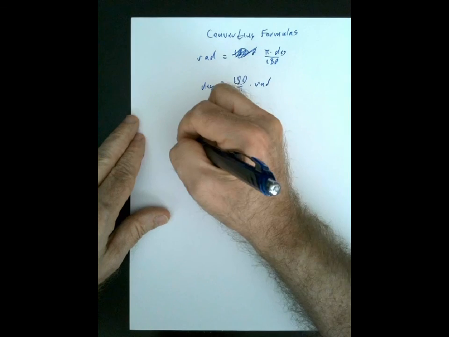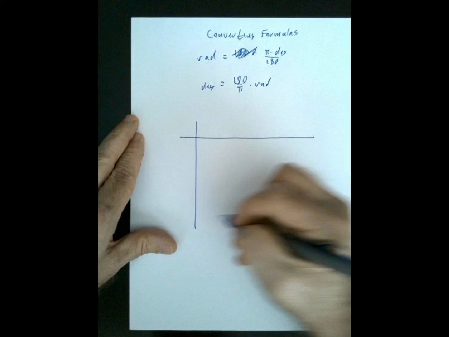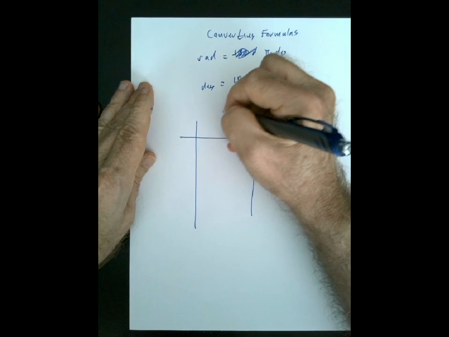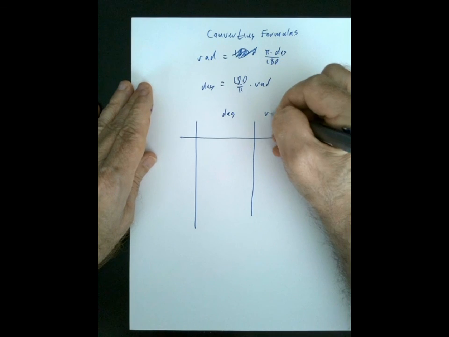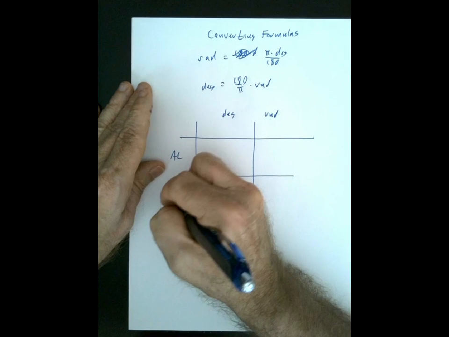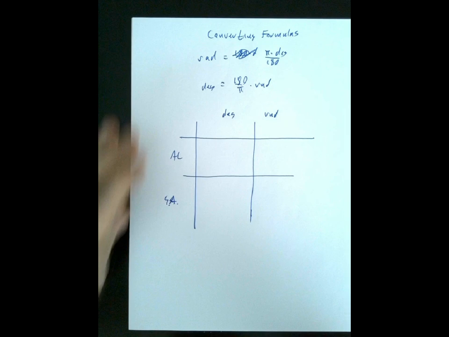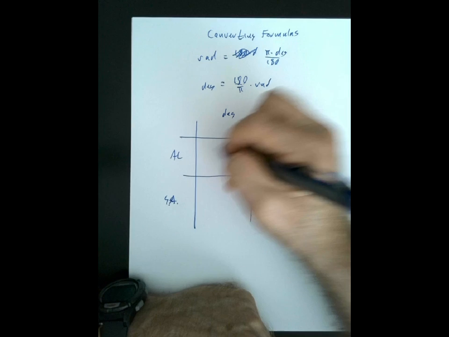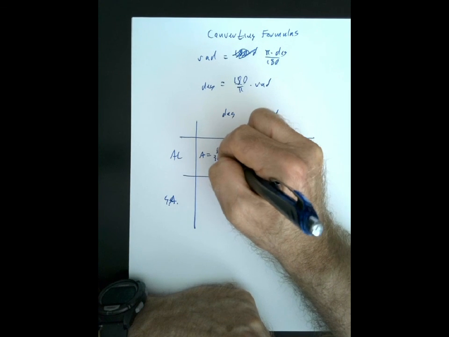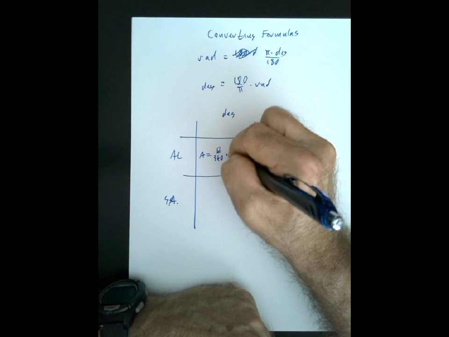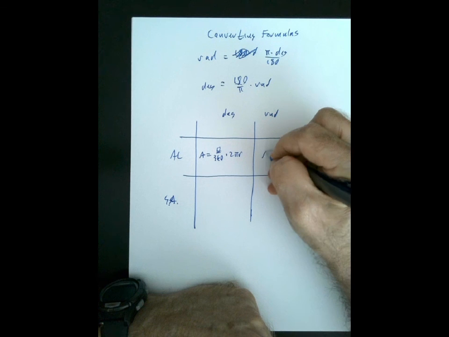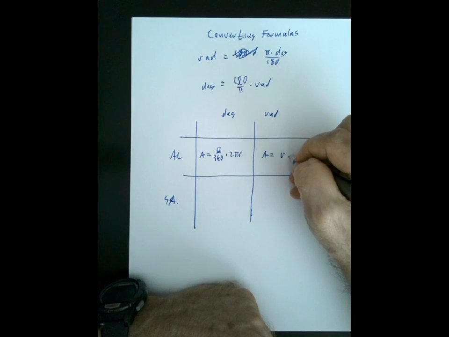Then we had degrees and radians for arc length and sector area. The arc length, if you've got degrees, is theta divided by 360 times 2 pi r. If you've got radians, the arc length is just r times theta.